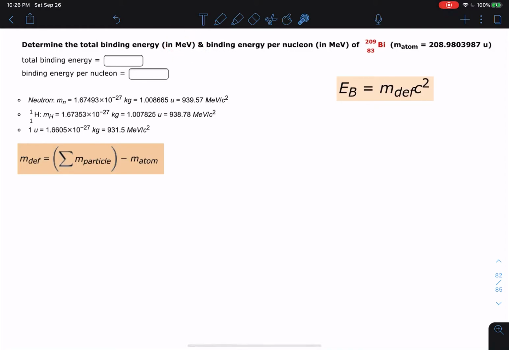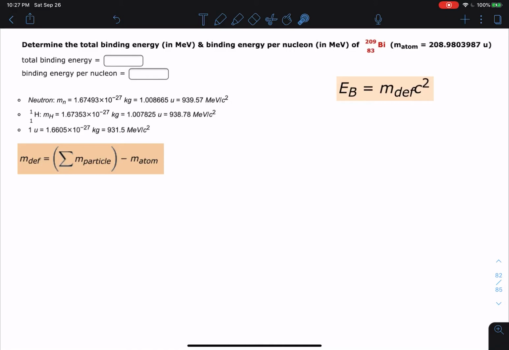Now, mega electron volts. What are those? 1 electron volt is the amount of kinetic energy an electron would have if it accelerated from rest through a potential of 1 volt. Mega just means 10 to the 6th, so this is 10 to the 6th electron volts. The whole reason we use electron volts is because in situations like this, we're talking about small amounts of energy.